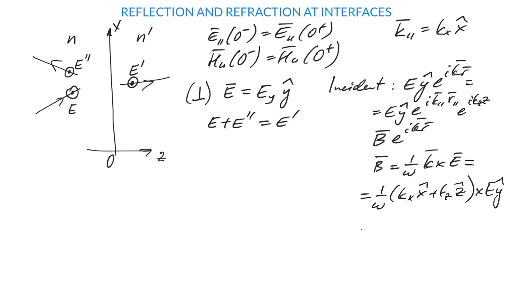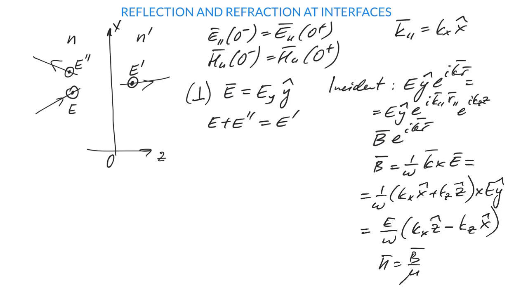So taking the cross products, so here I have E over omega. x cross y is z, so I have kx z, and then z cross y is minus x. So there's minus kz x. I need to match the tangential component of H. So for H, I need to additionally divide B by mu.